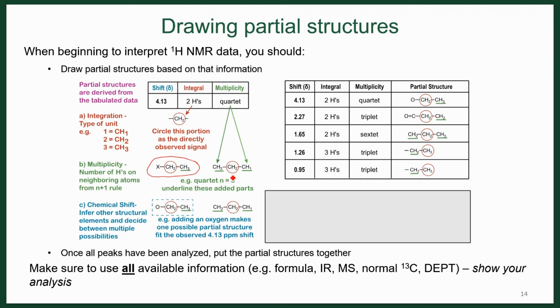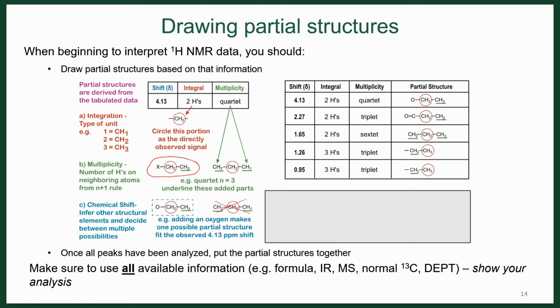If that's the case, we really can't have the other type of system, because there would be no electronegative atoms to change the chemical shift of that CH2 group. So it's most likely that our partial structure is this particular one here. And so we would systematically go through this, coming up with partial structures that fit the information associated with each of these signals. Again, starting with the integrals to determine the signal that we're taking a look at, and then looking at the adjacent signals that are associated with each of these ones.